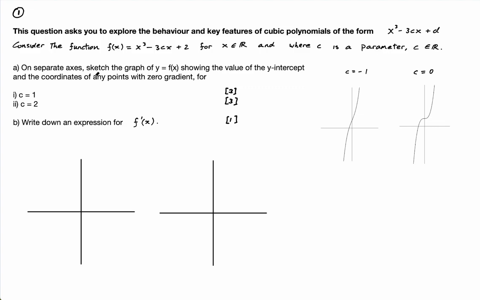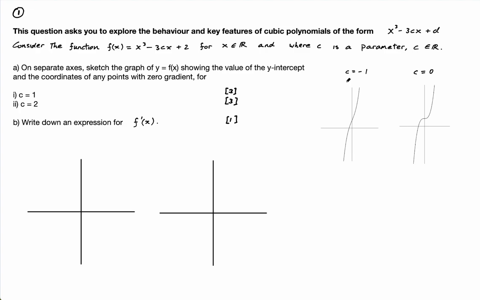Okay, here it gives you the graphs for when c is -1 and for when c is 0. It then says, on separate axes, I've drawn our 2 axes here, sketch the graph of y equals f of x showing the value of the y-intercept and the coordinates of any points with 0 gradient for c equals 1 and c equals 2.